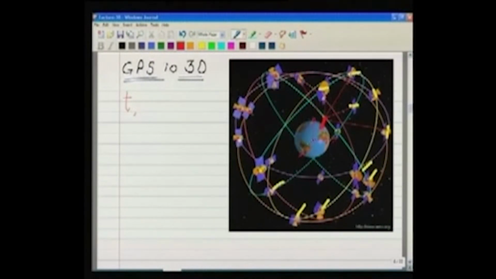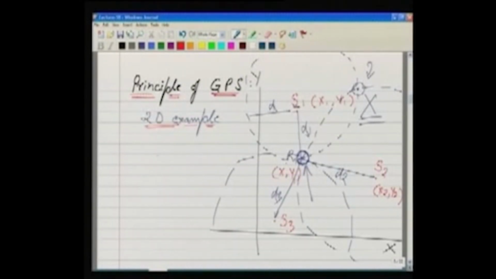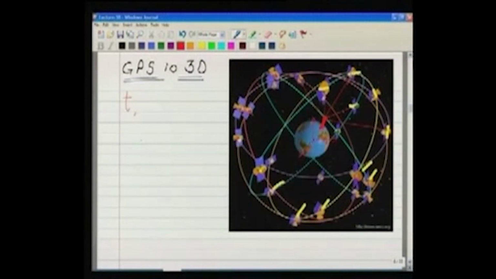So all these distances can be measured. If we extend this example, in 2D we required two satellite positions, S1 and S2, in order to locate our point, because we can eliminate one. So what will we need in the 3D case? In the case of 3D, we will need 3 satellites.